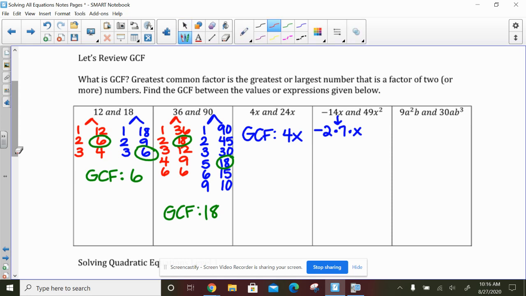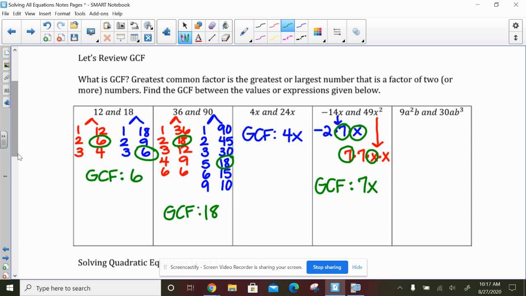And then for the 49x squared, I could say 7 times 7 times x times x. And that would give me all the primes. And so now I just circled what they have in common. So here I know I have a 7 in common. And I also have an x in common. So the things they have in common would be your greatest common factor. So this one's greatest common factor would be 7x.